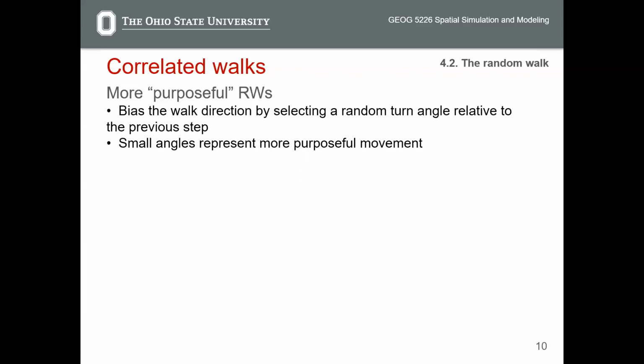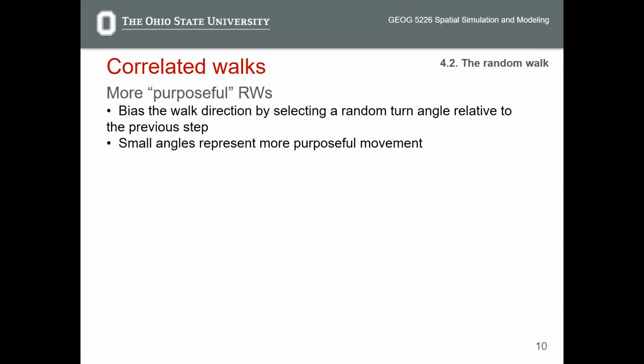Because in a pure random walk, the direction of the last step could be east, and the next step could be west, a totally opposite direction. And it's not purposeful, of course, because it doesn't make sense if you have a purpose. You went to the east and suddenly you went to the west.